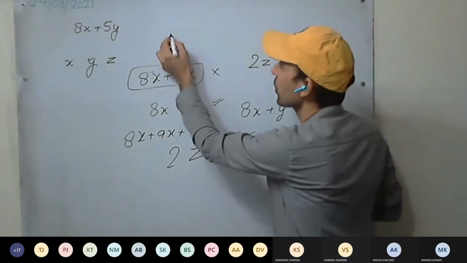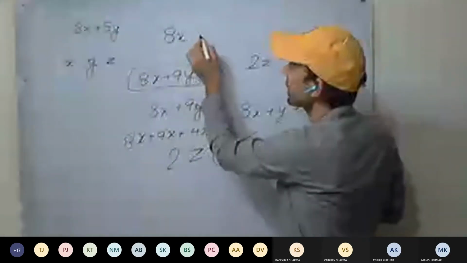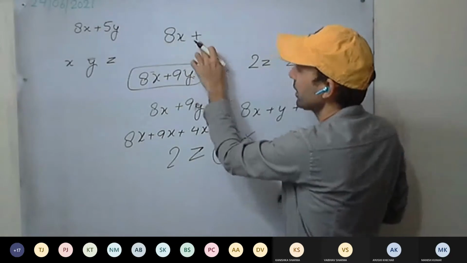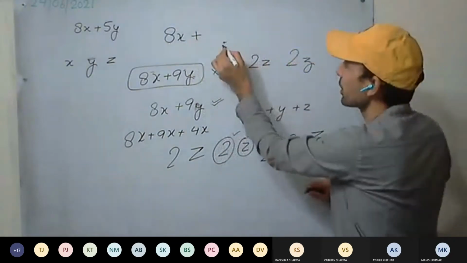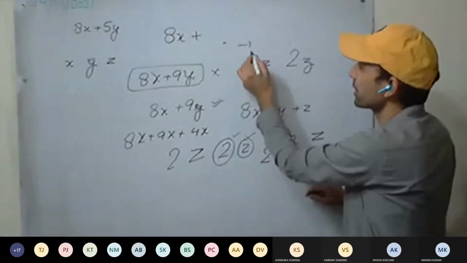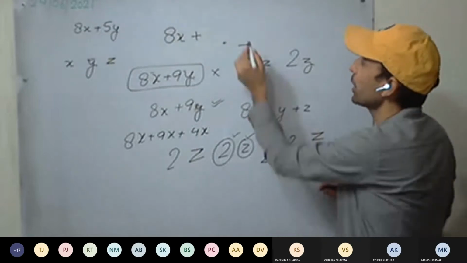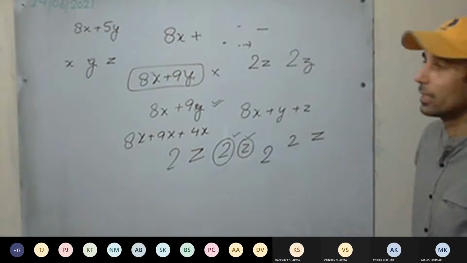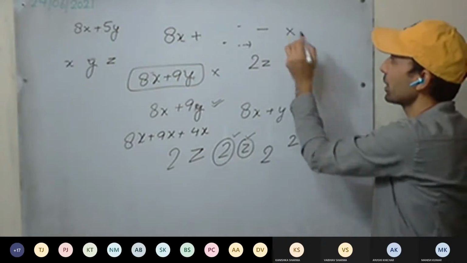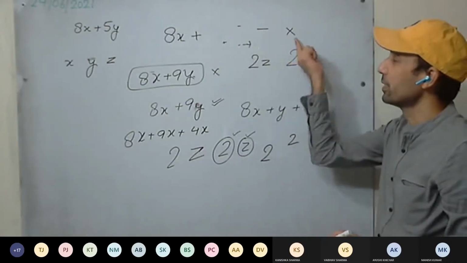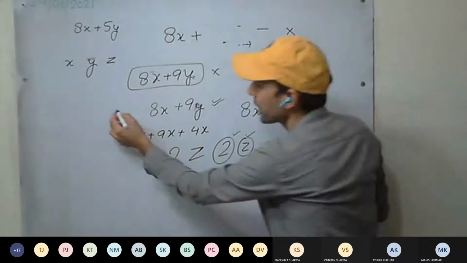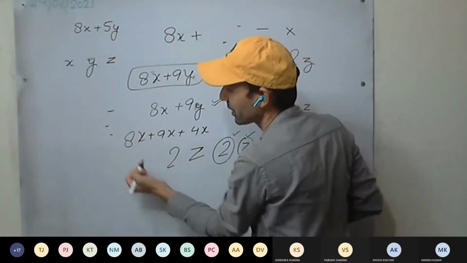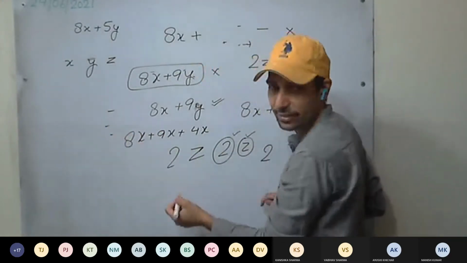And differentiate between the constants and variables. 8x plus, the sign should be a good size. Don't write the plus like this. Some students write it like this. Note the minus sign; this is a good one. Write these signs properly. Even the minus sign, don't write it like this. I see many notebooks written like this.